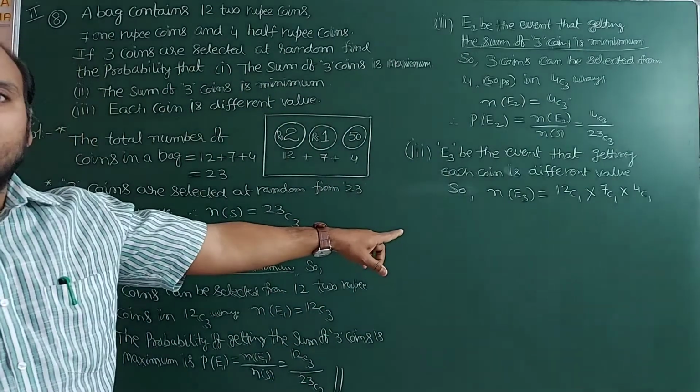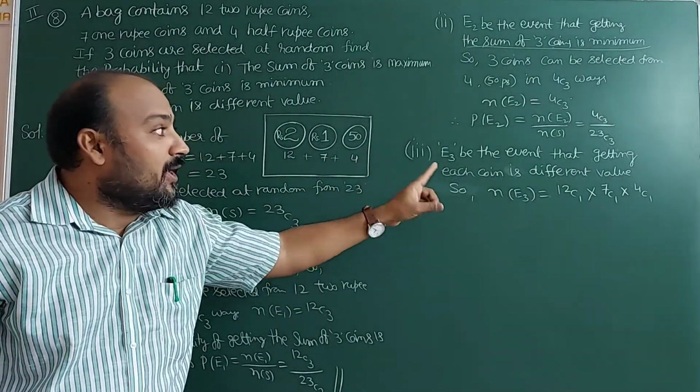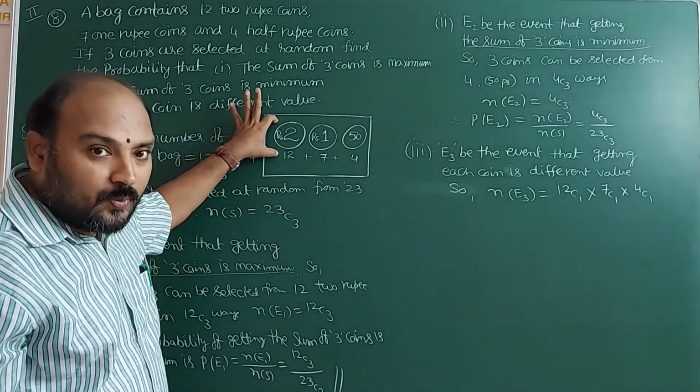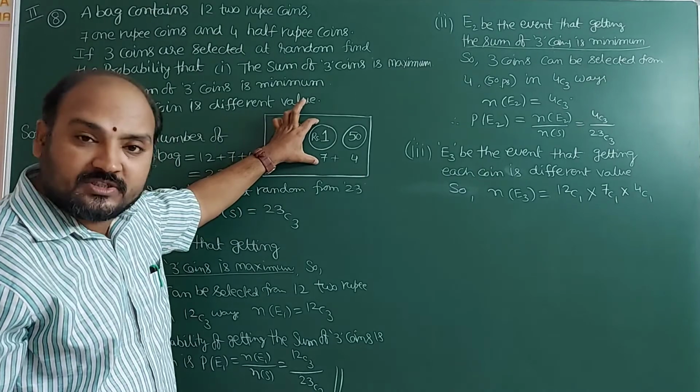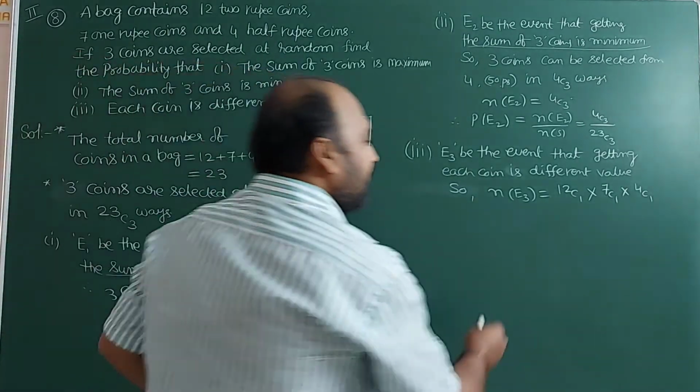These are the possibilities. Why? Because each coin is of different value, they are saying.